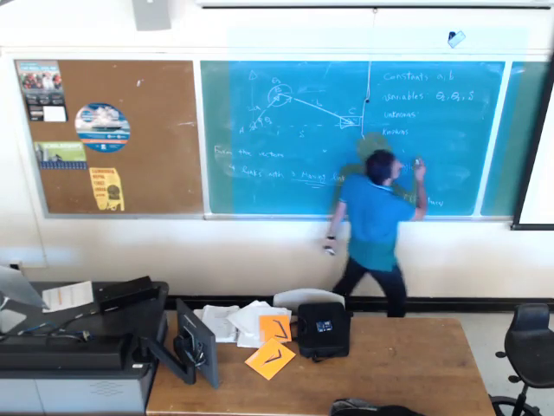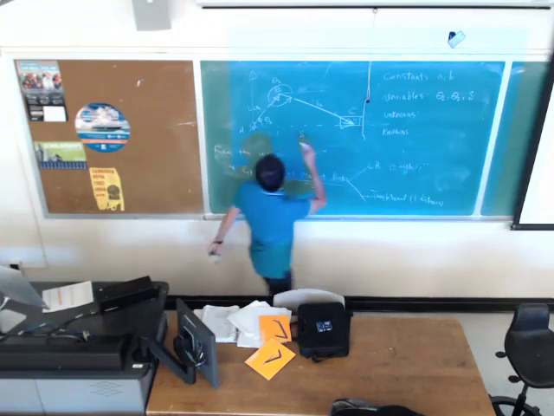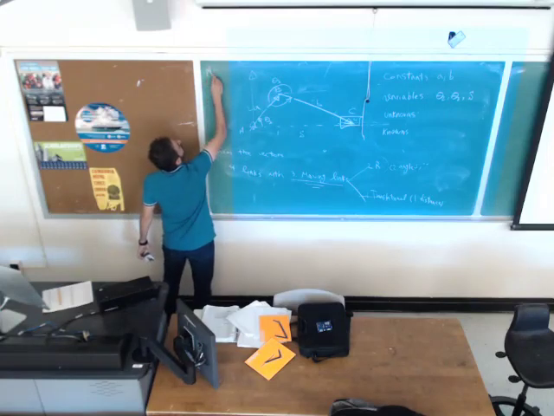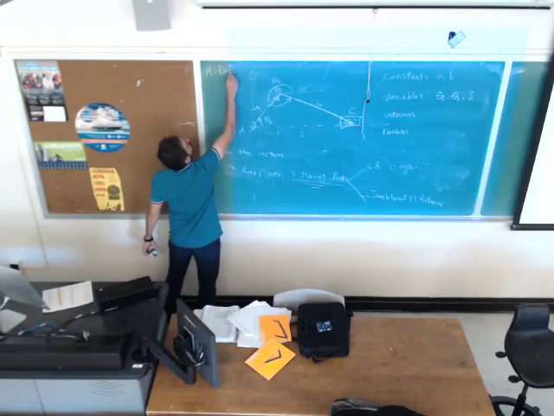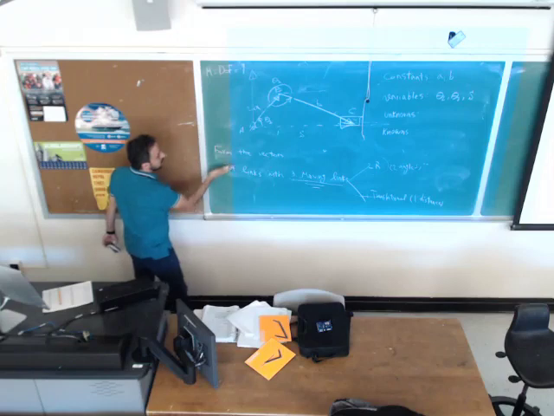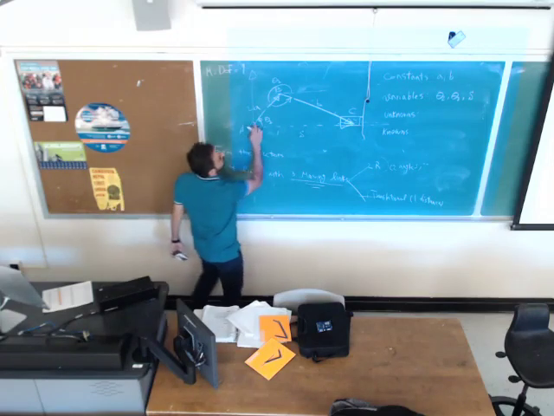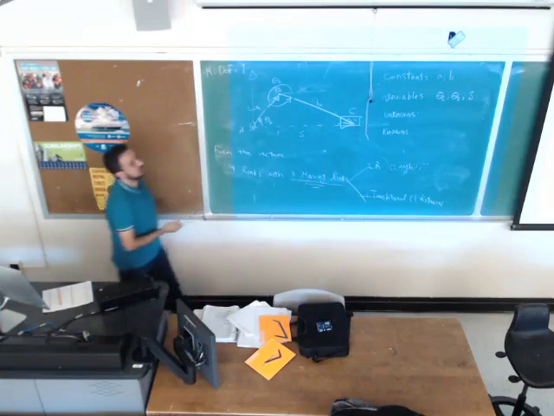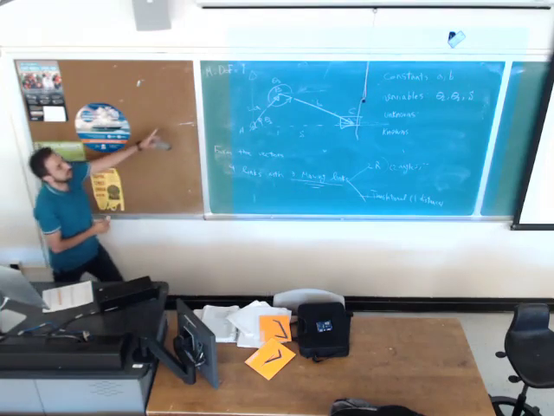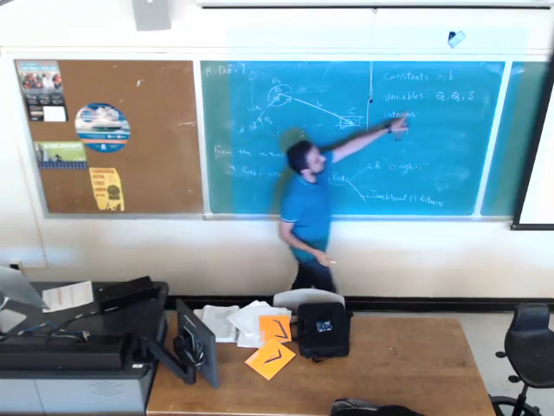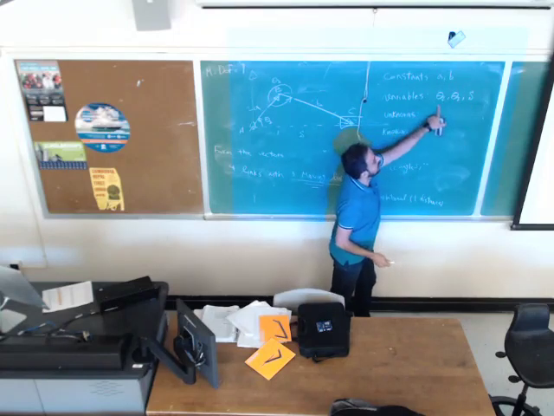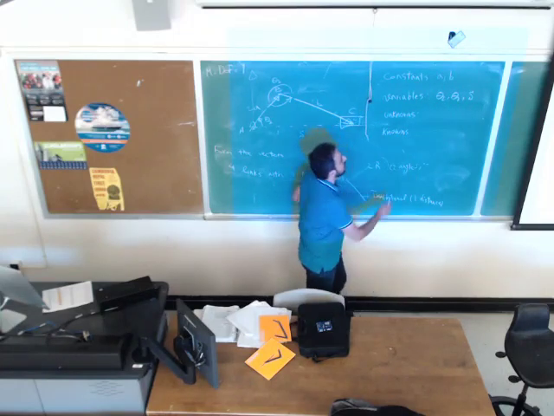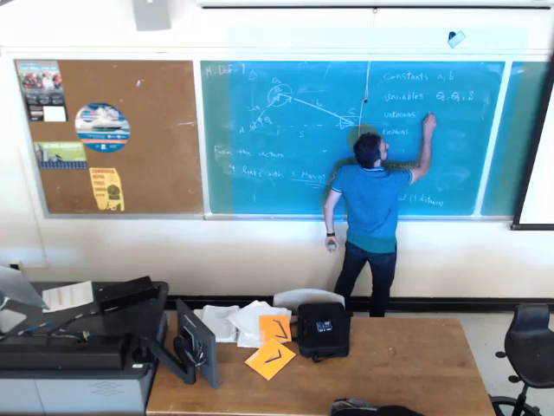The degree of freedom for this mechanism is 1. 4 links, 4 joints: 1, 2, 3, 4. 3 rotational, 1 translational. So the degree of freedom is 1, meaning that one of the variables should be known. Then I can solve for the remaining. I assume theta 2 is given.